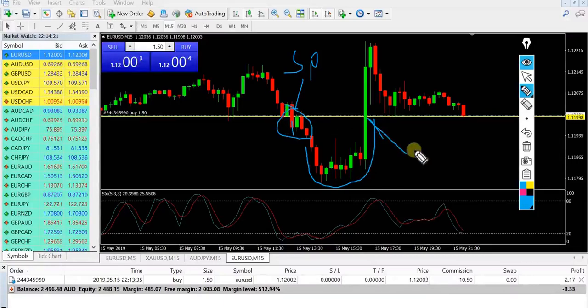Gentlemen, I just want you to understand the difference between resistance and support point. Now the same candlestick breaks this resistance point. Now it moves down and it makes a support point here. This place is a support point now.